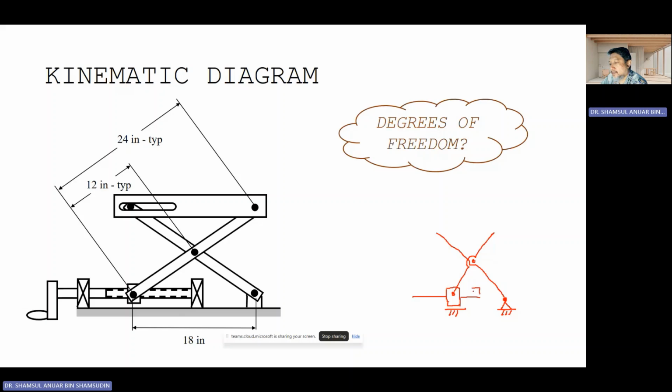It is being supported by bearings. So this is a bearing.